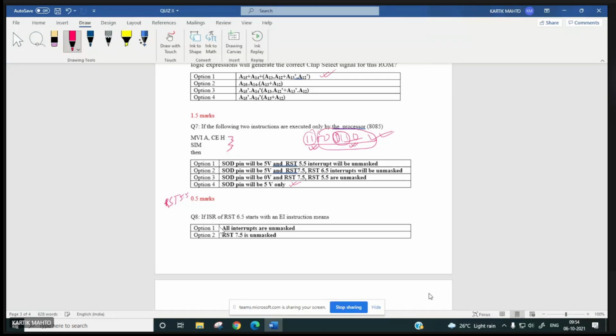No, you cannot interrupt the processor by simply writing these two instructions. Even though RST 5.5 comes, the processor is not going to recognize that till you write EI over here.